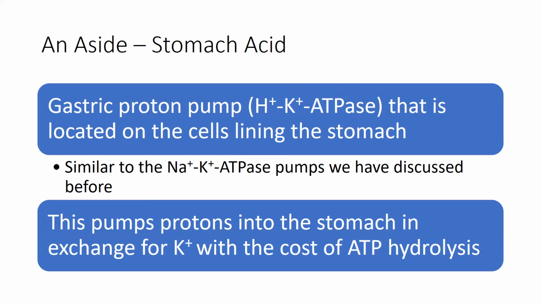So this process of creating an acidic environment isn't without cost. We need some potassium in the luminal space to exchange for our hydrogen, and we also need energy. So if we're in a fasting state, that could be harder, and an energy-depleted, malnourished state would be more challenging.